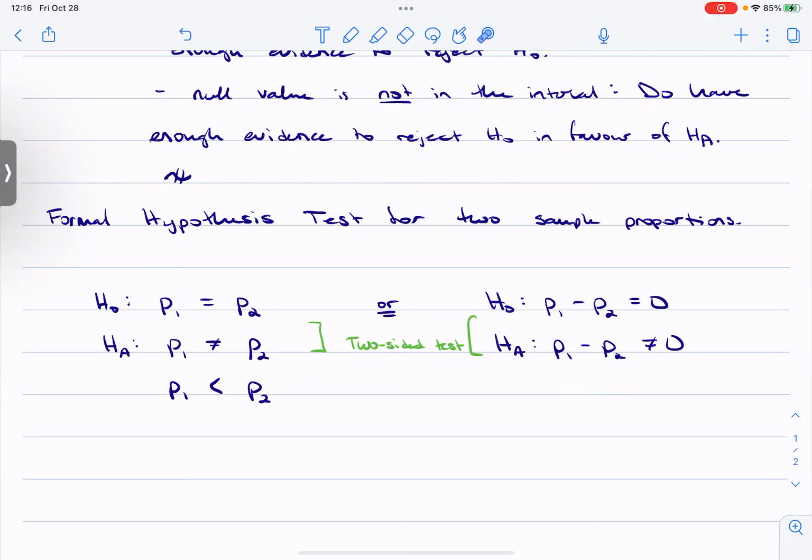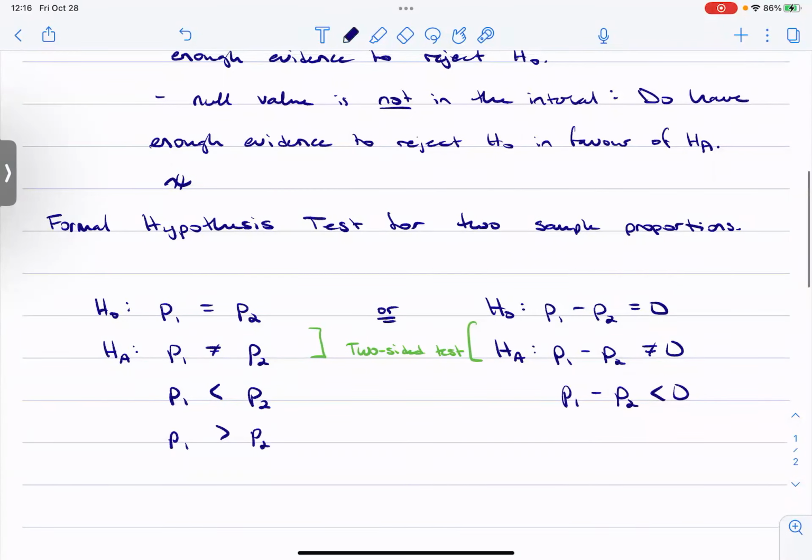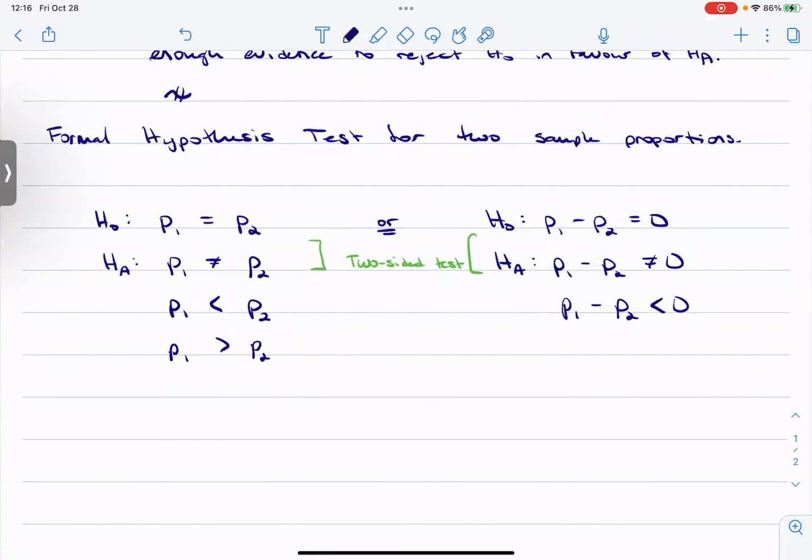If P1 is less than P2, then P1 minus P2 must be less than 0, or you can subtract P2 over to the other side. However you want to get there is fine by me. The other option is P1 is greater than P2, which would mean you're subtracting a smaller number from a larger number, so it's going to be greater than 0.